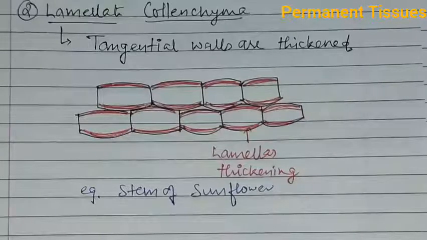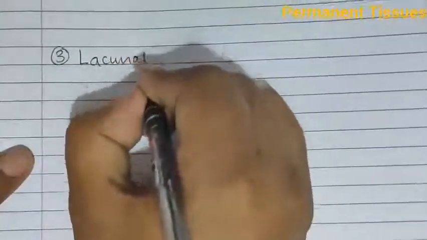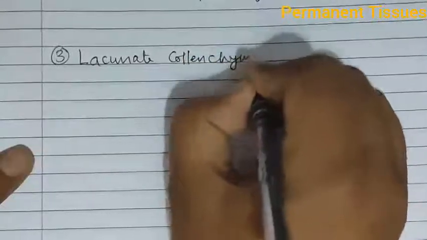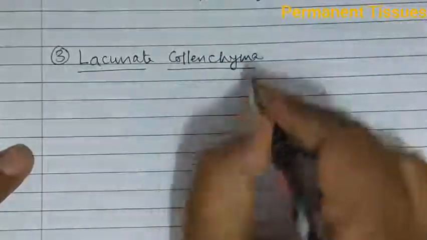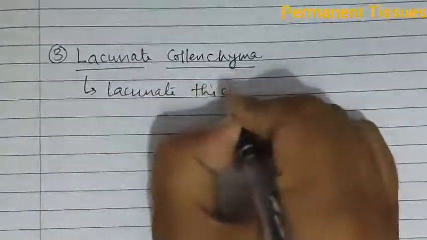Now next, the third type is lacunate. Lacunate types are those which have lacunate thickening.